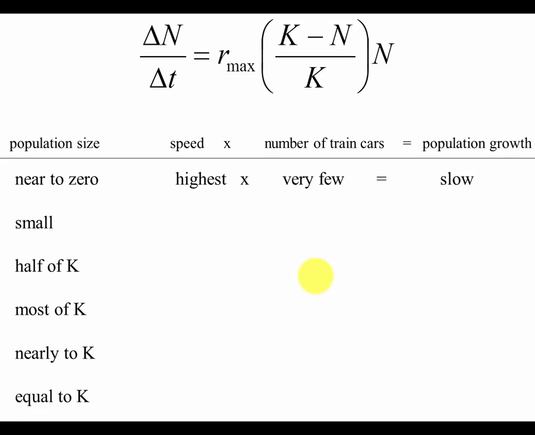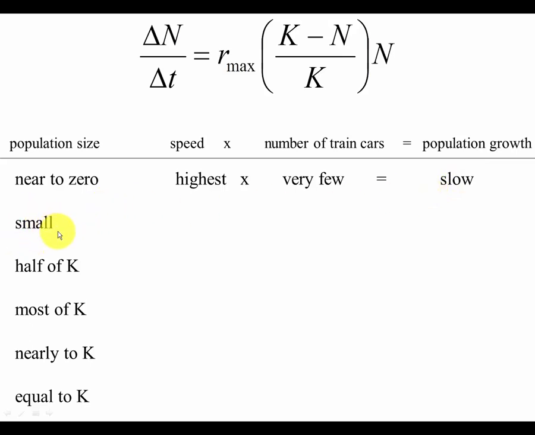So recap here, when you've got a population size that is near 0, speed's very fast, but you don't have many train cars, you don't have many individuals reproducing. And so the fact that they're reproducing, they're having a lot of offspring each, still it doesn't amount to very much. Population growth is still very slow.